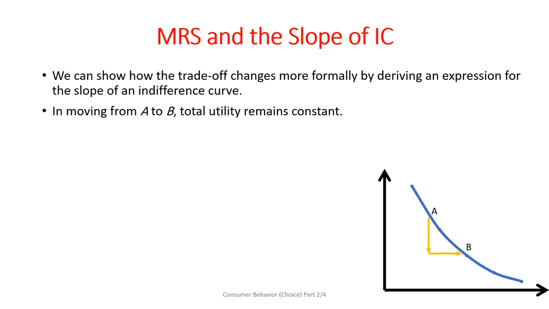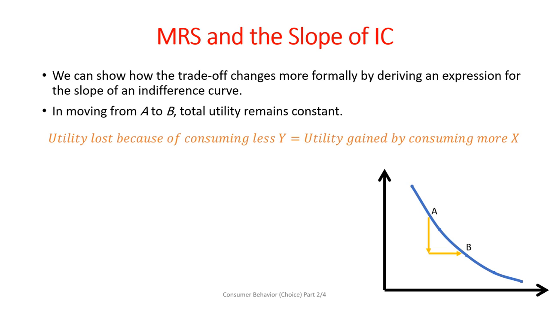Therefore, the utility lost because of consuming less Y should be equal to the utility gained by consuming more of X. The loss in utility because of consuming less of Y can be calculated by multiplying the marginal utility of Y with the change in the quantity of Y. Because the quantity of Y is decreasing, we will have a negative sign. In the same way, we can measure the gain in utility by consuming more of X.